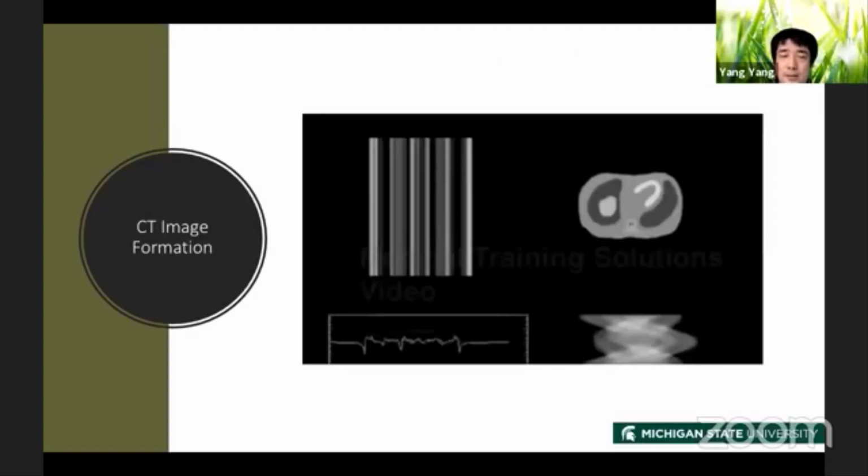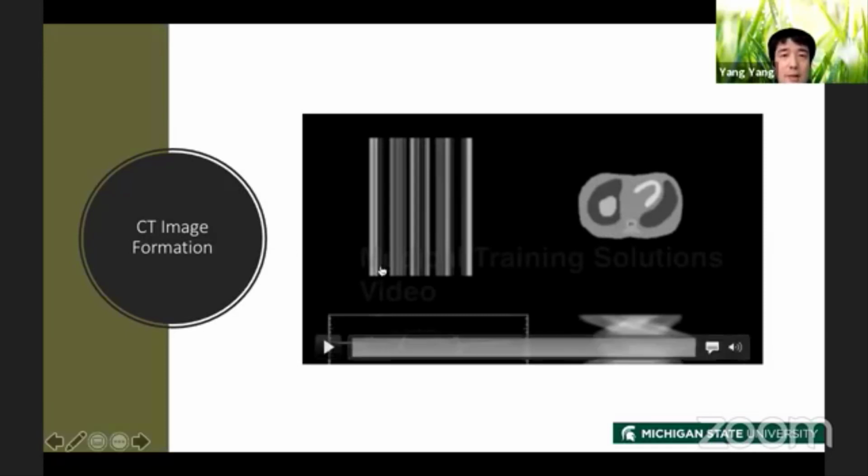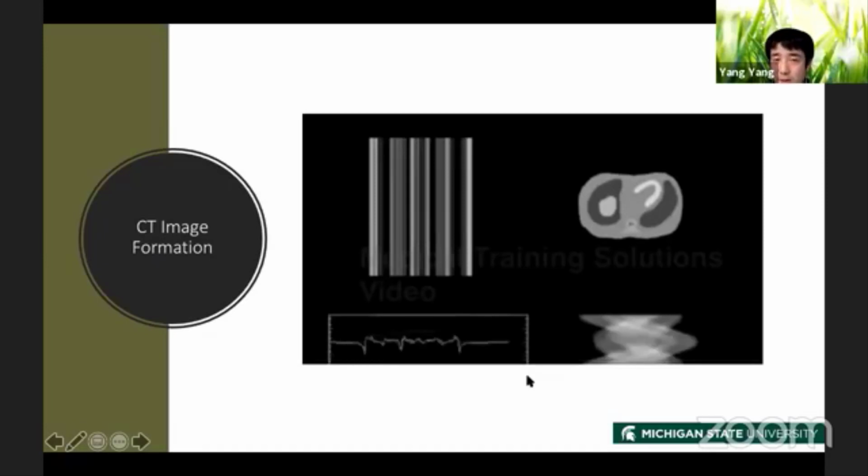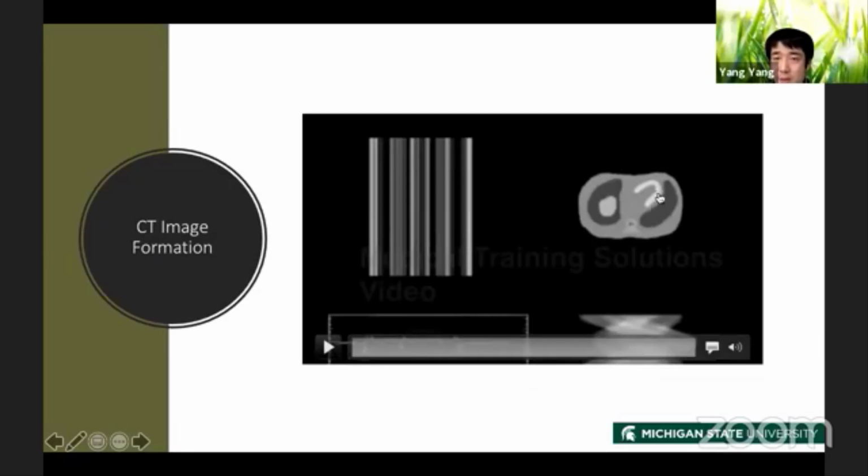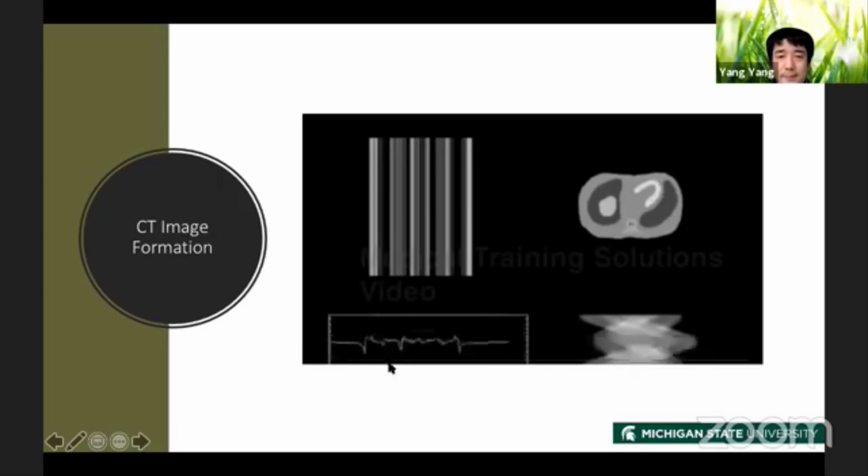Now let's look at the CT image formation process. We have seen that from one angle of projection, all that we have is this density of X-rays on the photographic plates. But now we want to use algorithms to recover the patient's body.